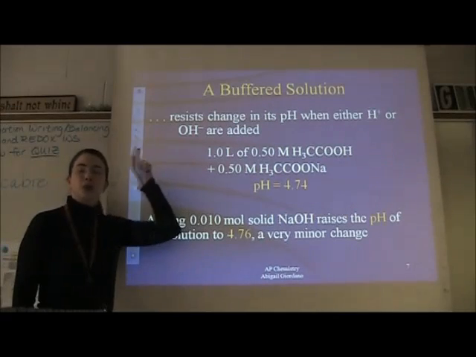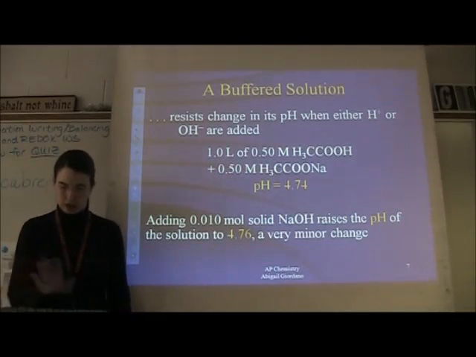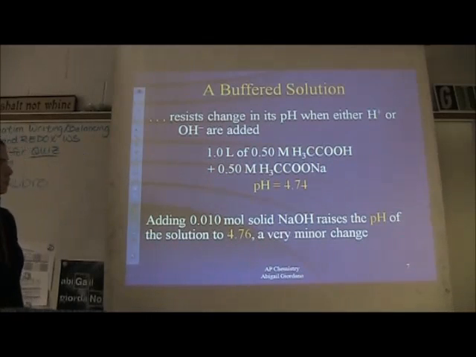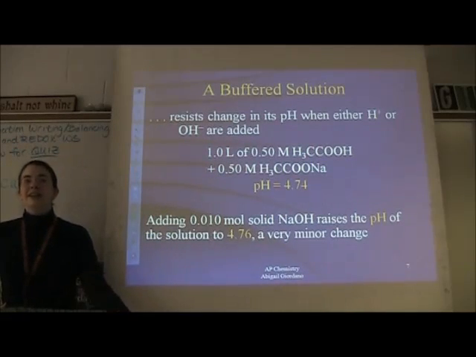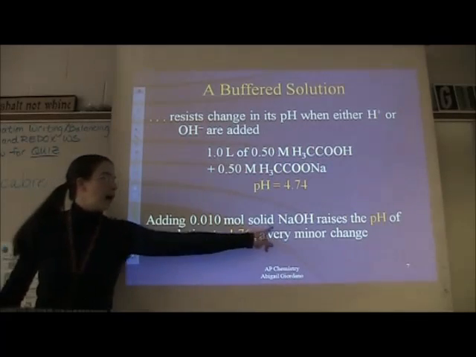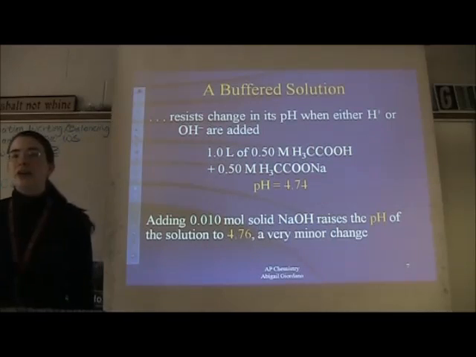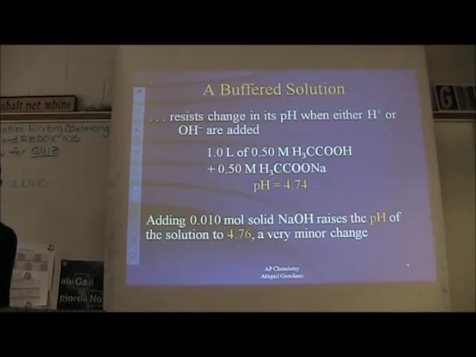This buffer is doing an amazing job. Good buffer. Now again, are buffers all powerful? No. If you go back into the stockroom and start popping pellets of NaOH, your buffers are not going to be able to handle that.